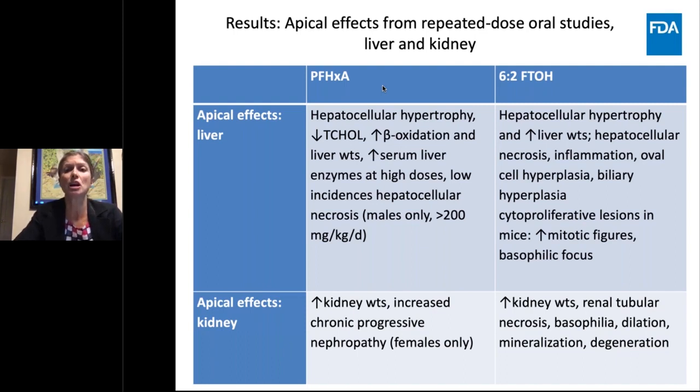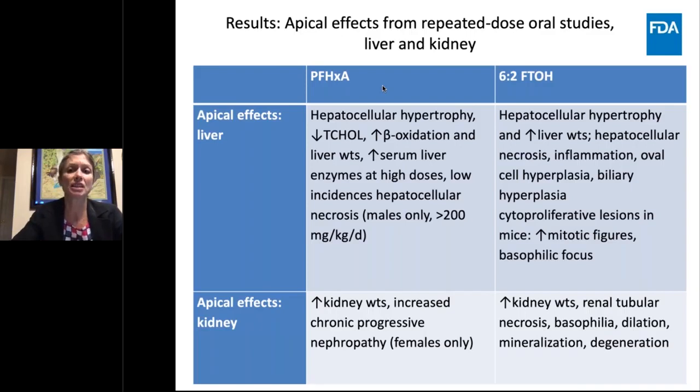If you look at the apical effects in the liver, you do see some similarities. You see hepatocellular hypertrophy in both and increased liver weights. You do see some increased serum liver enzymes at high doses of perfluorohexanoate, and some hepatocellular necrosis, but at very low incidences and only at high doses. In contrast, there is a marked increase in adverse liver effects with the fluorotelomer alcohol.